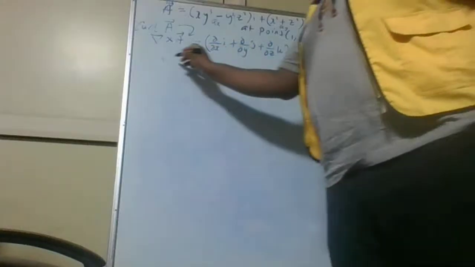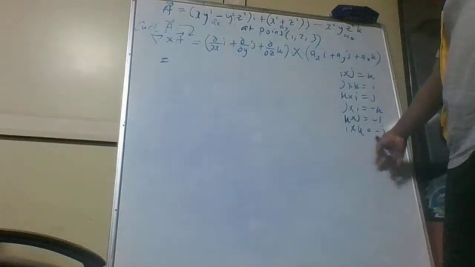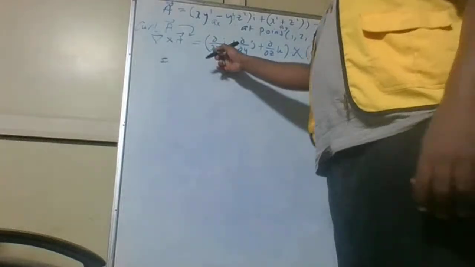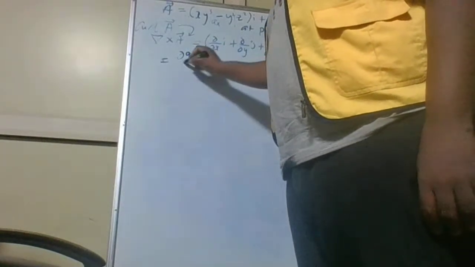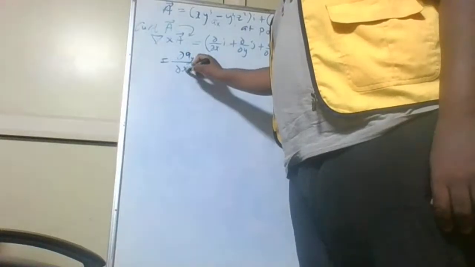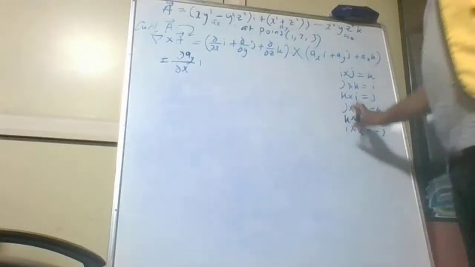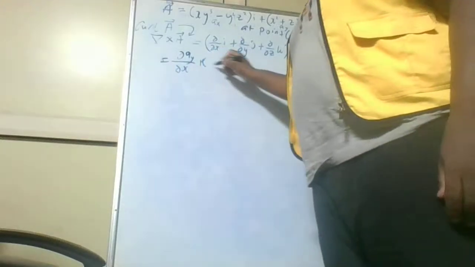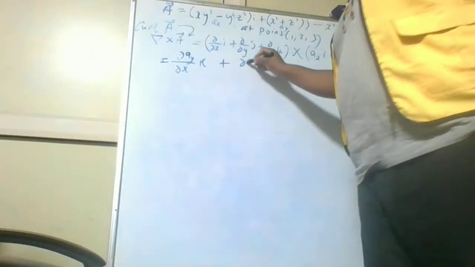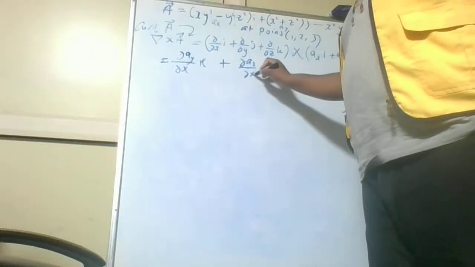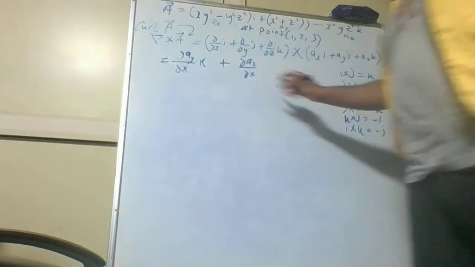So this will equal this times this: i cross i, and this is equal to 0. So you have 0. This times this will give you partial ay over partial x, i cross j is k, plus partial az over partial x, i cross k is negative j.